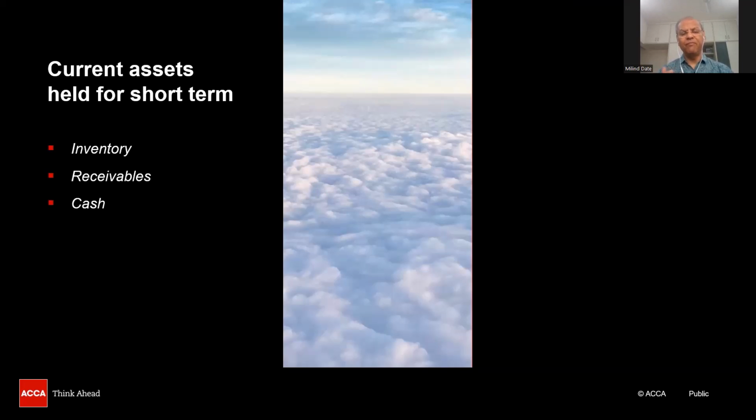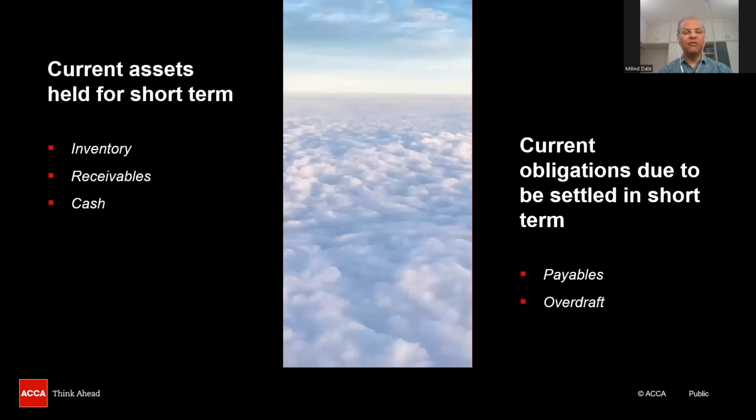Don't confuse this with prepaid expenses, which accounting wise, although forming part of current assets, not much needs to be done to manage them as such. Same thing is with provisions as a component of current liabilities. So basically, when we are talking about current liabilities, we are dealing with payables and overdraft.